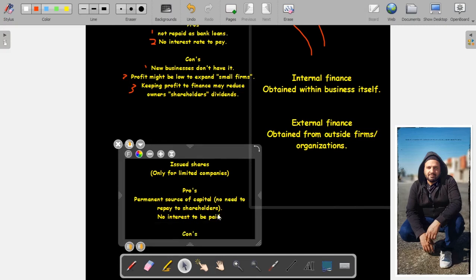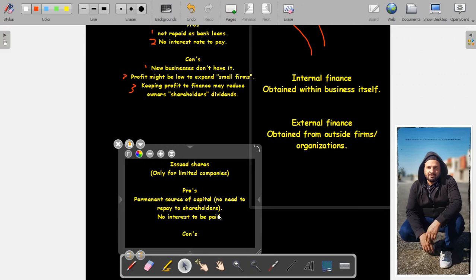Let's talk about the disadvantages of this method. There are 3 of them. The first is that the dividends of the shareholders will be paid after tax is applied on the profit, which is very bad for the owners of the business, while loan interest is paid before taxation.